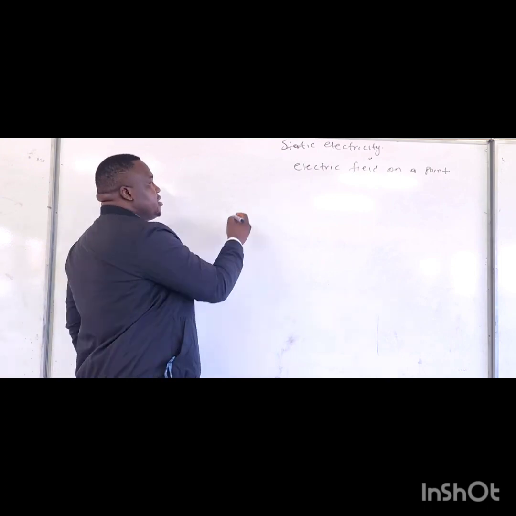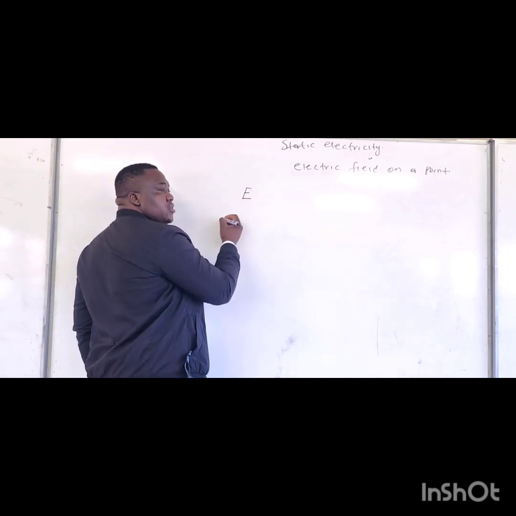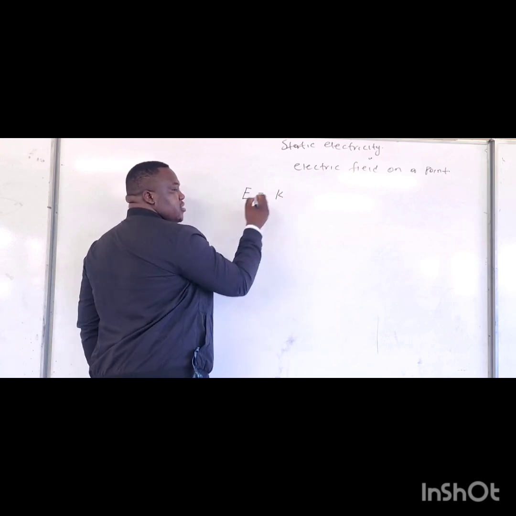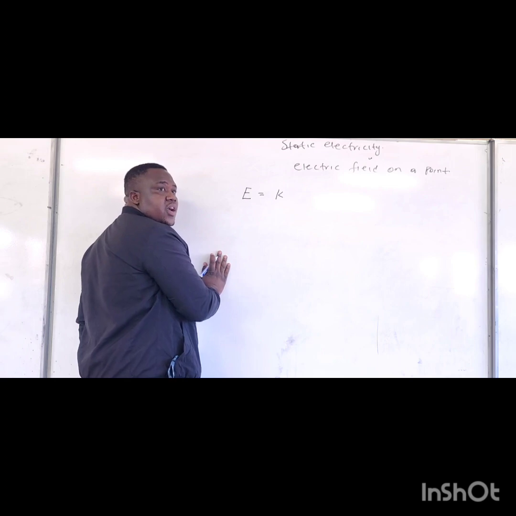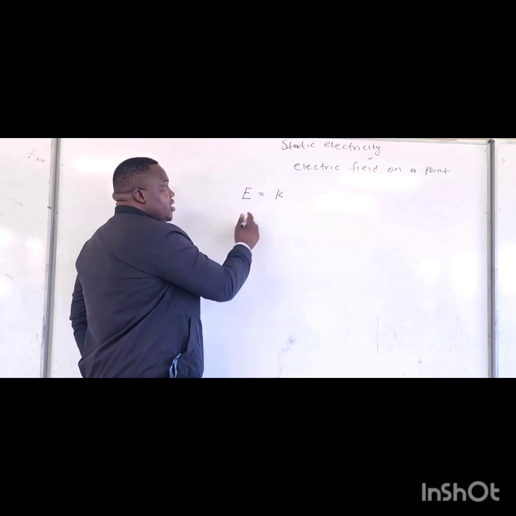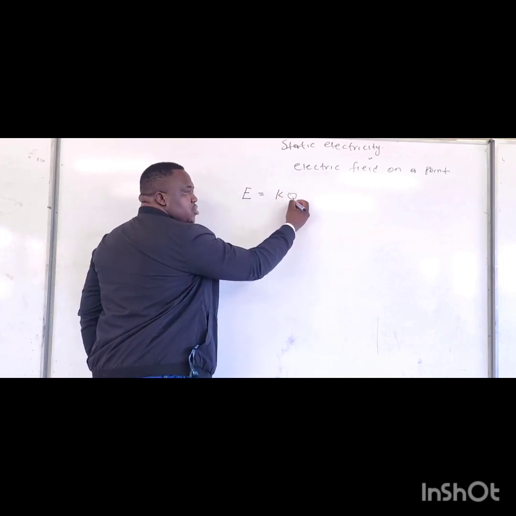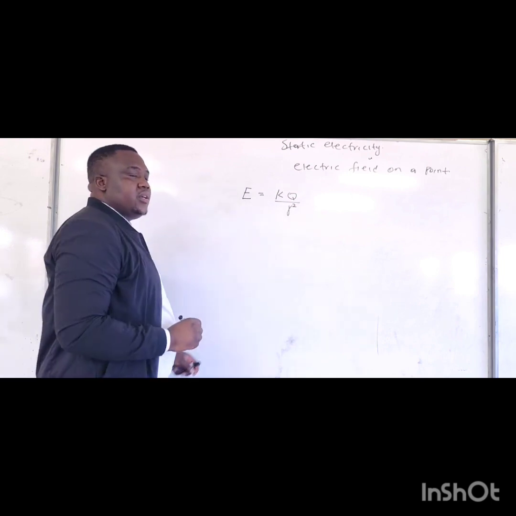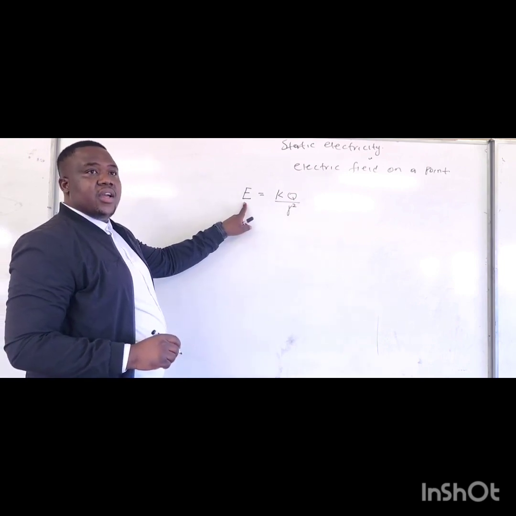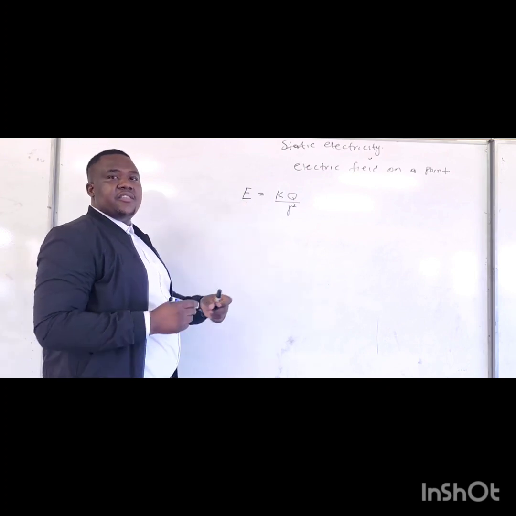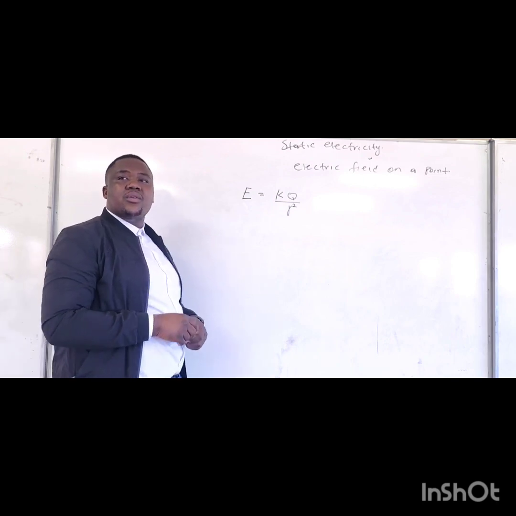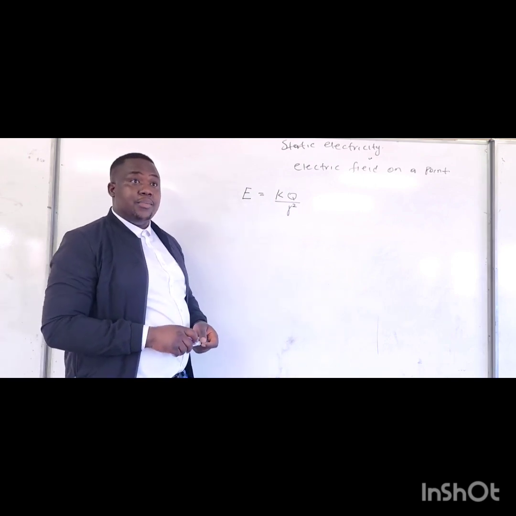This electric field is given by E equals K, which is a proportional constant, multiplied by Q over R squared. This is the formula for electric field.